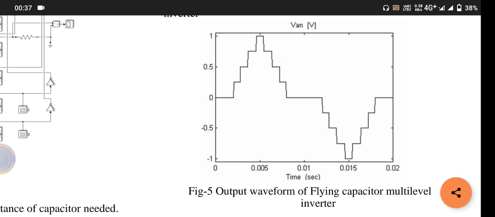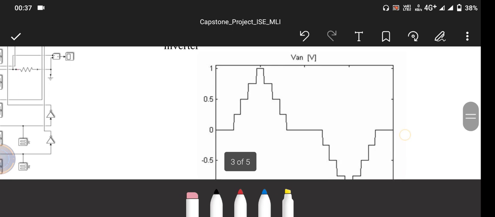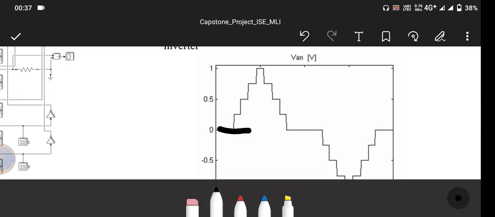You can see here: this is one level, second, third, fourth, and this is fifth. So that's why this is called a 5-level multi-level inverter.